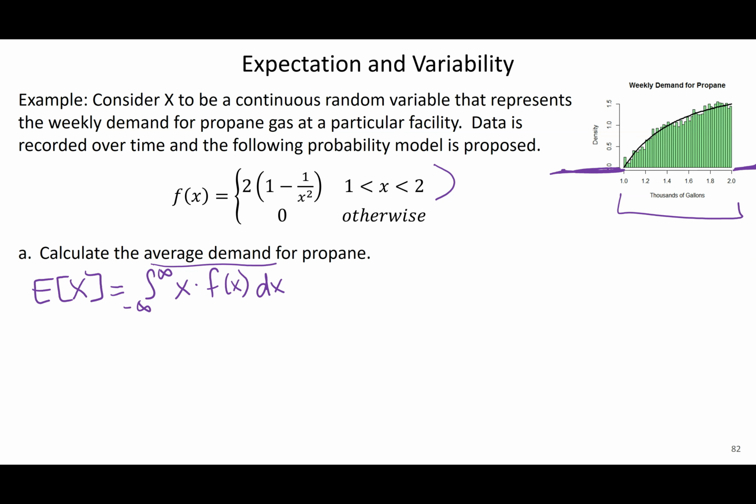Just saying. I definitely had that teacher. So I'm going to go ahead and plug in. You might note that we don't need to go from negative infinity to positive infinity to see everything. We just need to go from 1 to 2. So x times 2 times (1 minus x squared) dx.